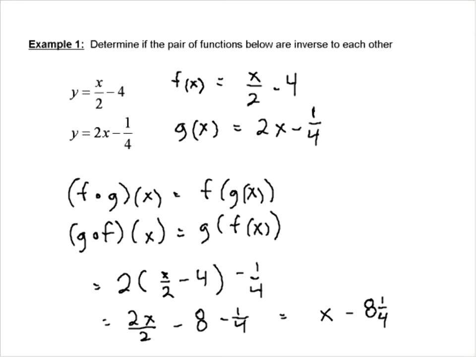And I don't even really care what this last number is, because right away I know that this is not equal to x. And so if it's not just equal to x, these are not inverse functions.